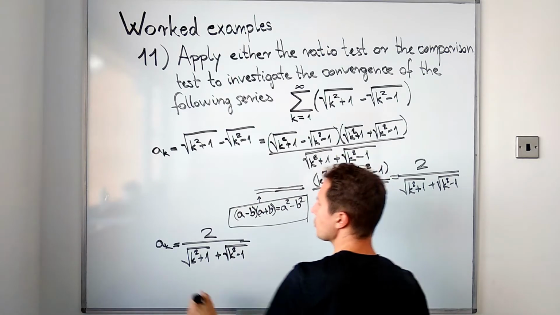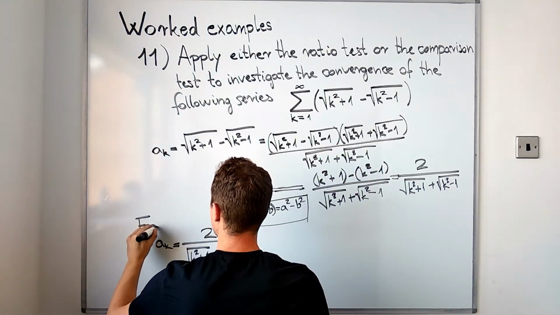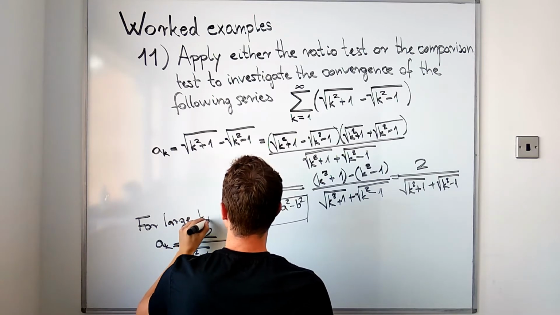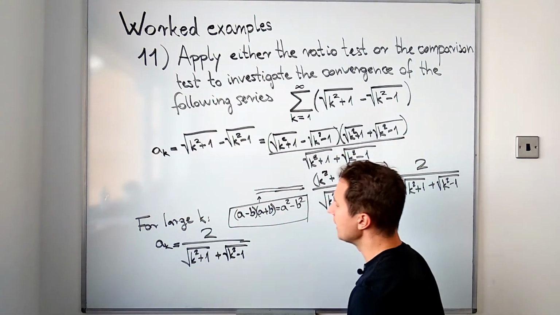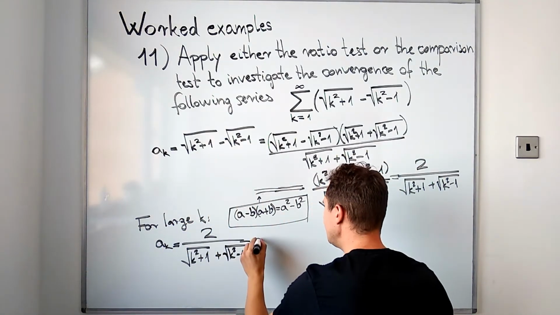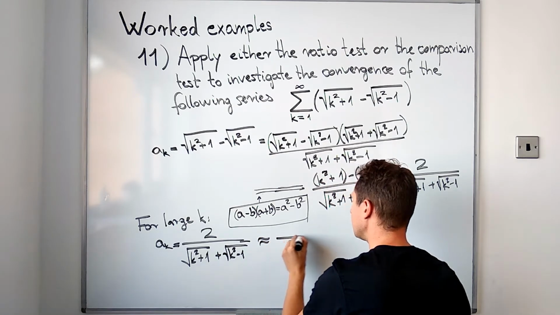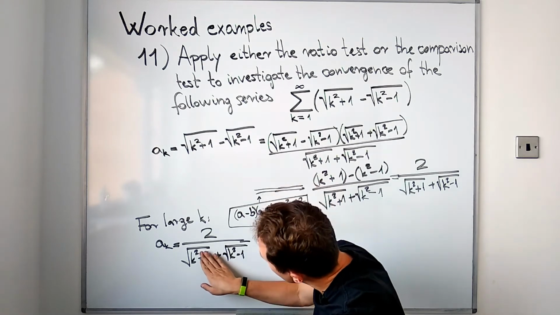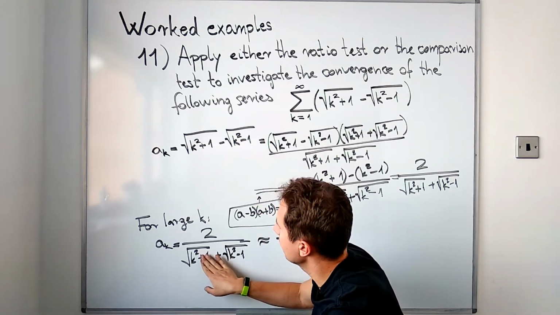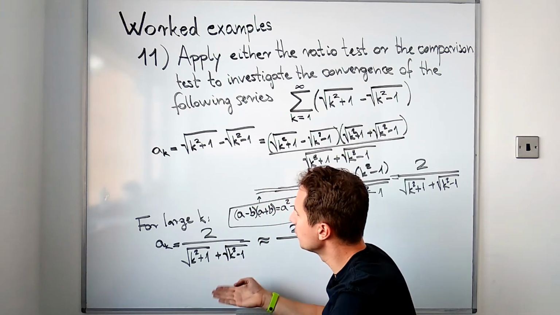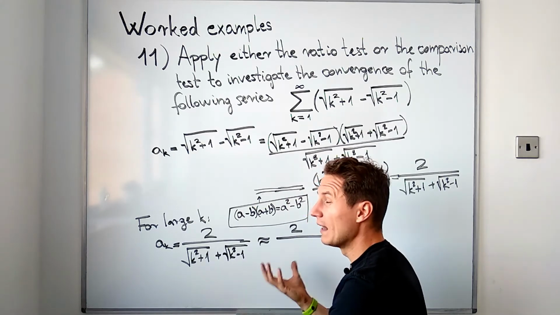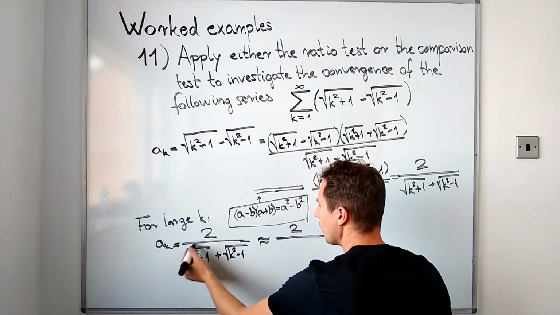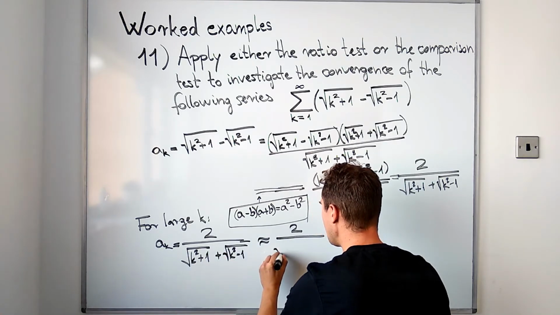Now, just to get an idea of how these terms behave for large k, this is roughly the same thing as 2 divided by the square root of k squared plus the square root of k squared, because adding or subtracting 1 to the square of a large number doesn't really make a difference when we take the square root.